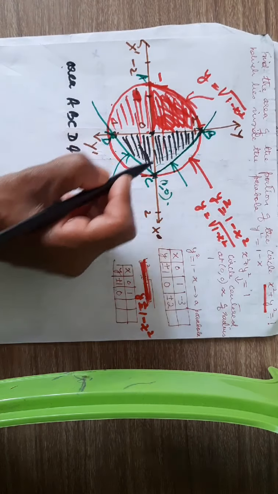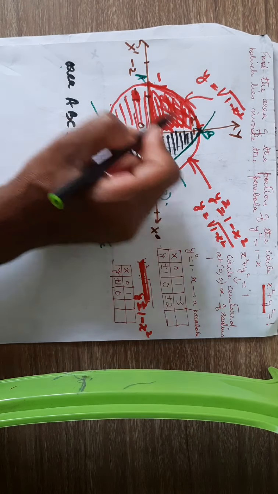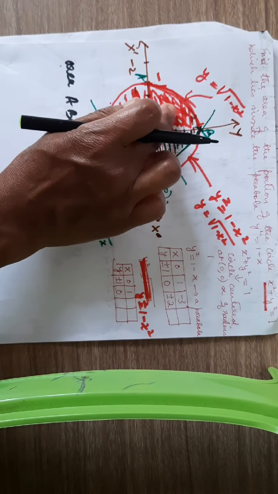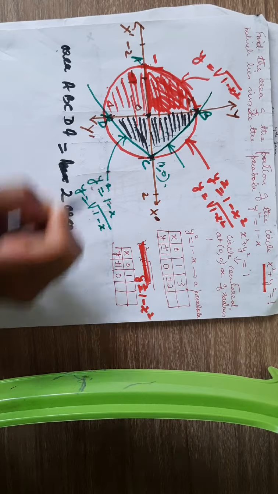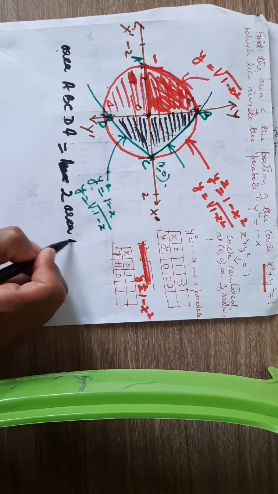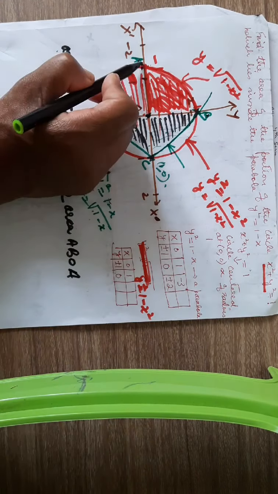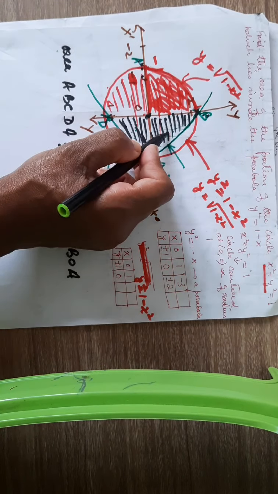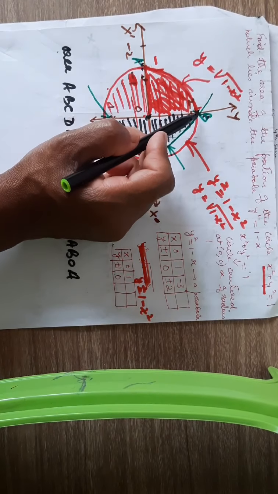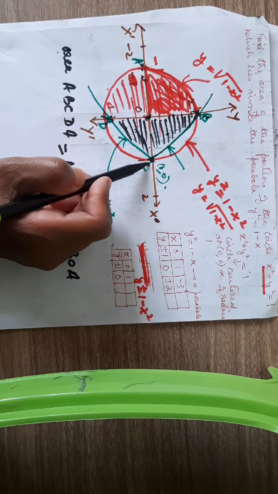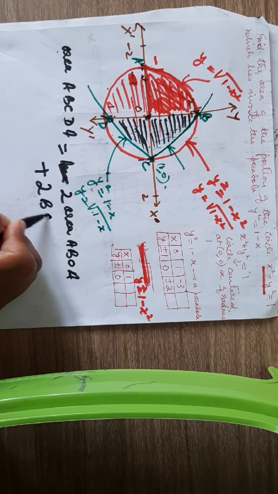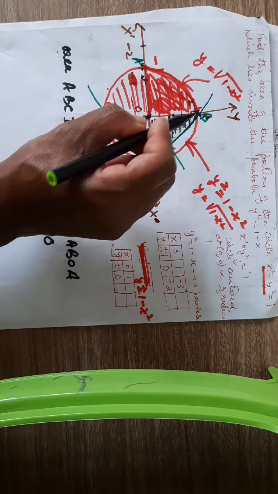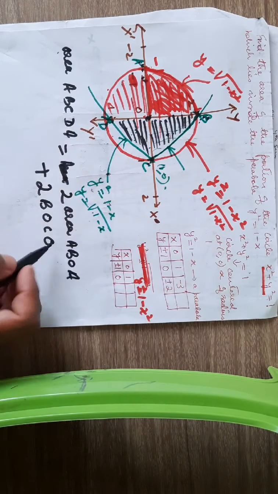This is equal to 2 times area ABOA, because this area and this area are the same, plus, since this area and this area are also the same, 2 times area BOCB.